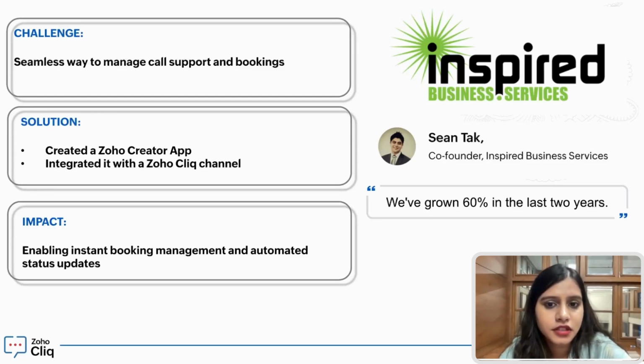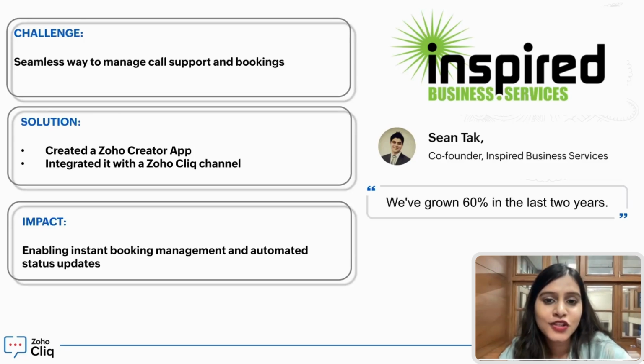The impact is that it streamlined their operation, enabled instant booking management, automated status updates, and improved communication through Zoho Cliq channels. This eliminated long email chains and gave them real-time updates, saving time and boosting efficiency.